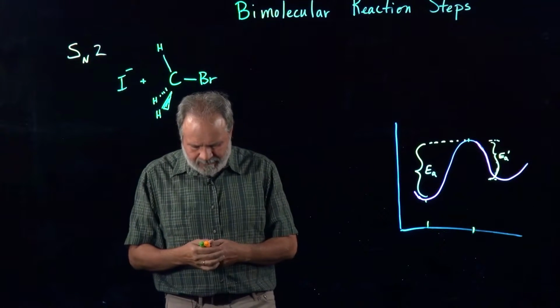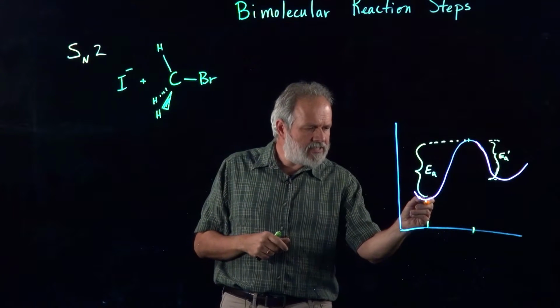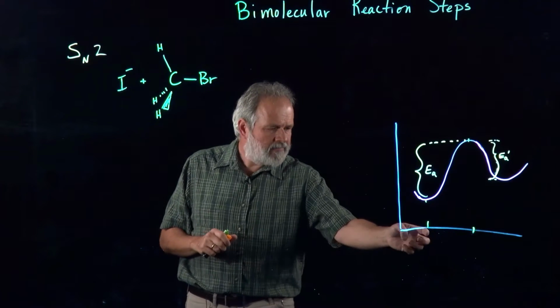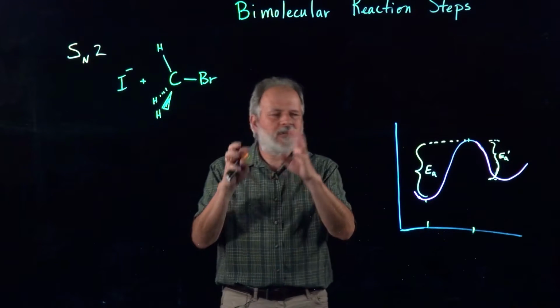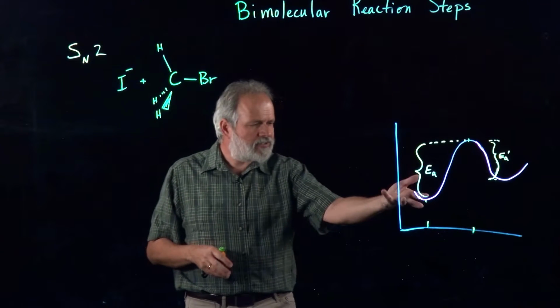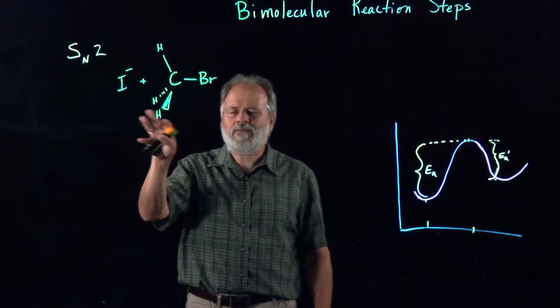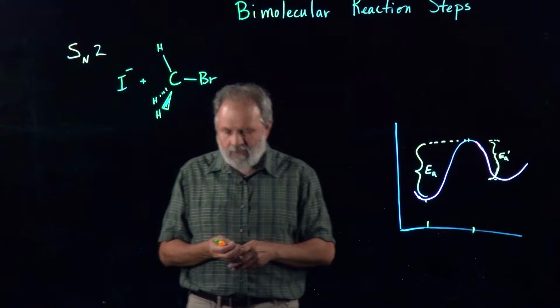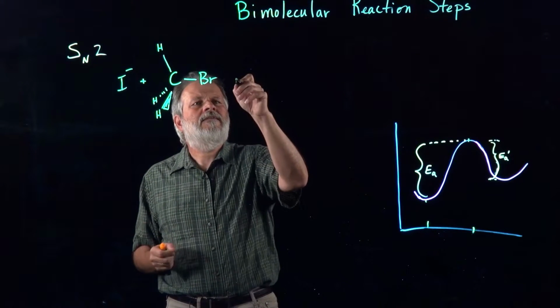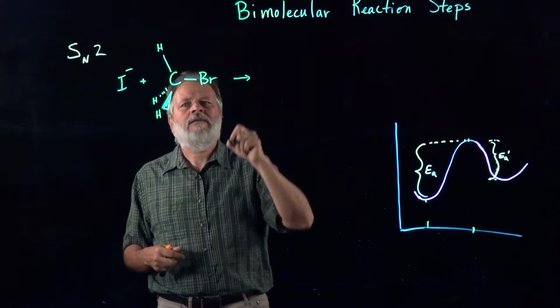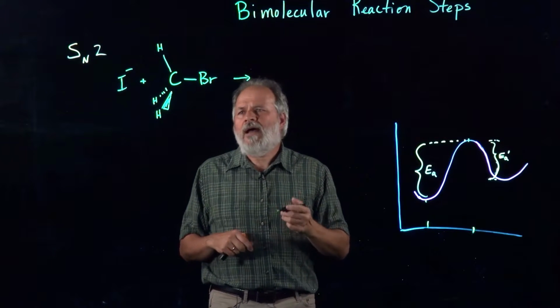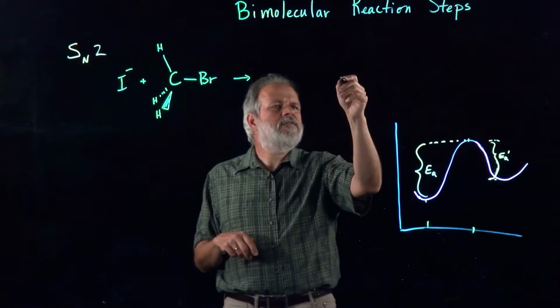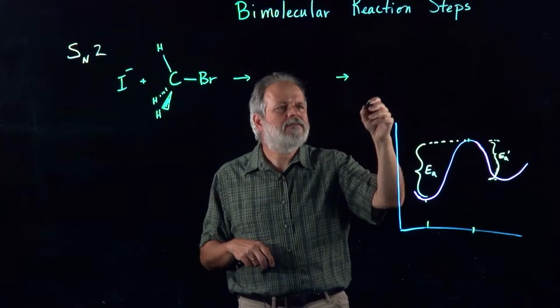Okay, and so that is the energy here for the reactants. And so when you see one of these energy diagrams, the first minimum is going to correspond to the reactants. The products are going to be related to the second minimum. But I'm going to draw, first of all, just the product.